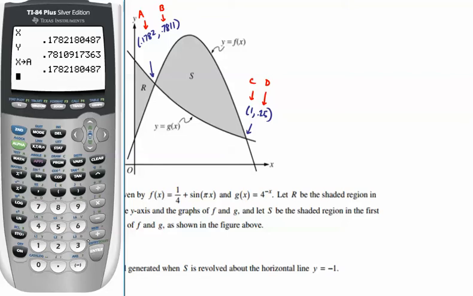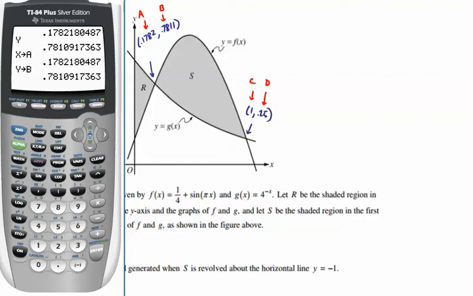So I've stored the x coordinate into A, and I'm going to store the y coordinate into alpha B. And now I can reference them later on.